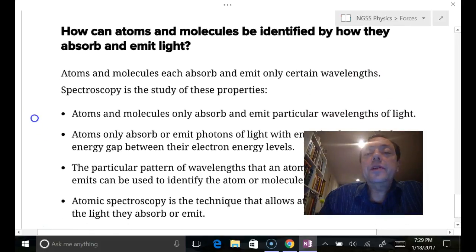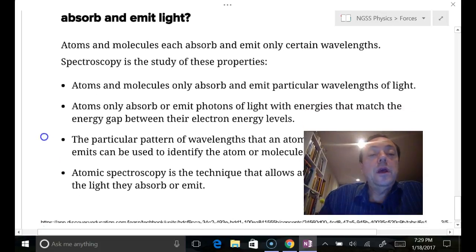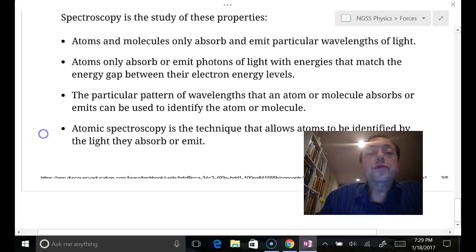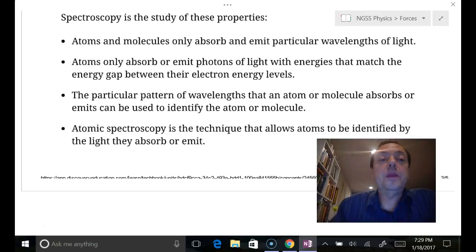How can atoms and molecules be identified by how they absorb and emit light? Atoms and molecules each absorb and emit only certain wavelengths. Spectroscopy is the study of these properties. Atoms only absorb or emit photons. A photon is a particle of light.